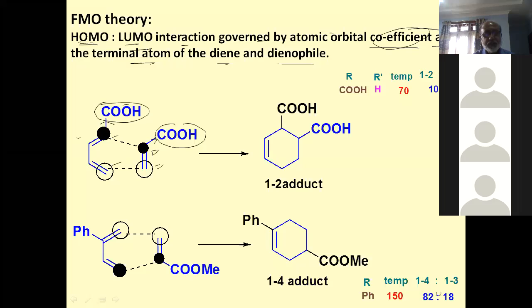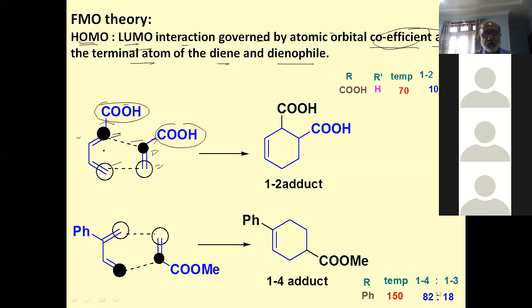Here the electron density decreases, and here also the electron density decreases. In a very simple way, the two orbitals should be of similar size.